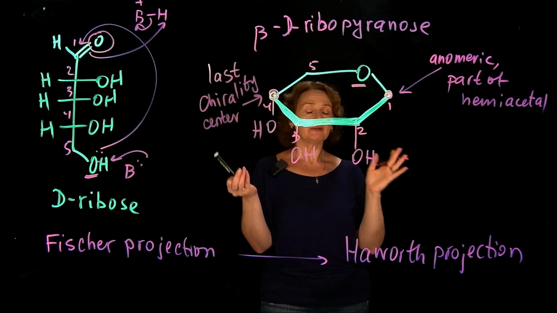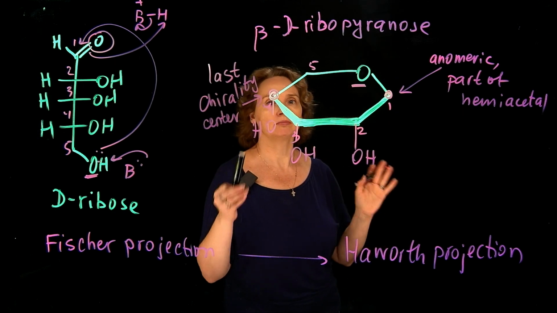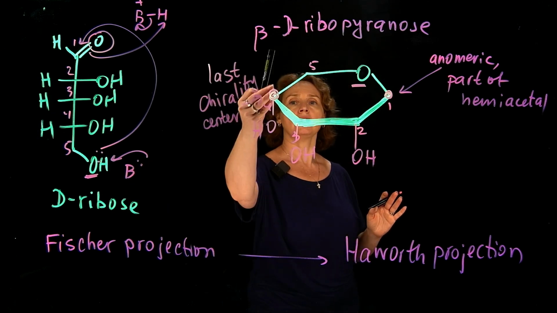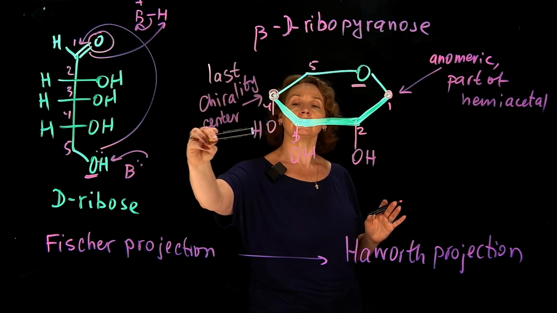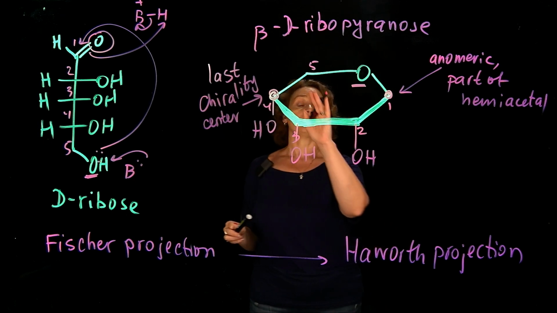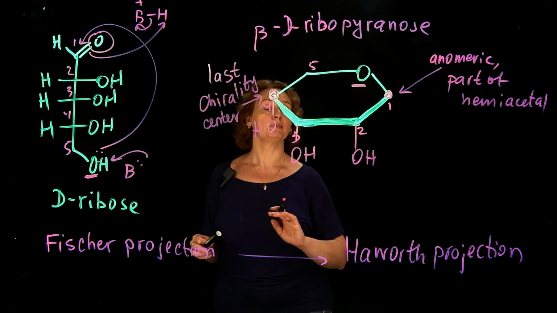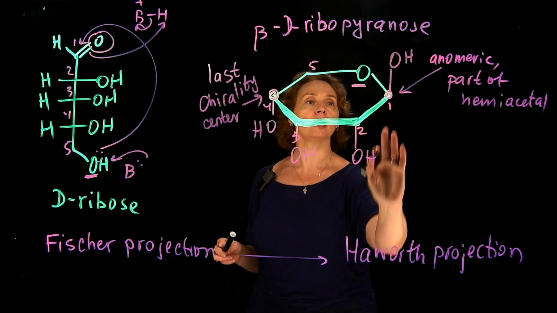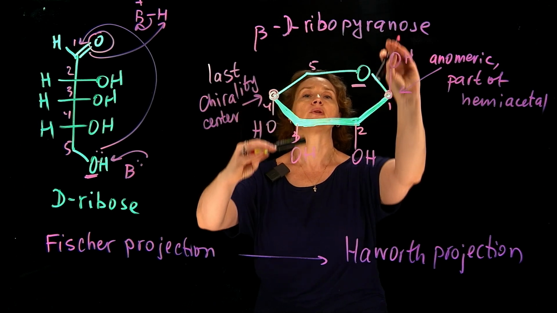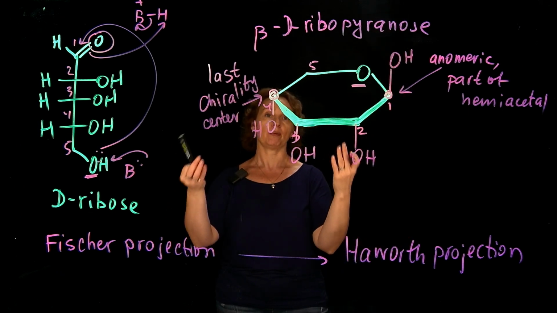And so that makes our life even easier than usual, right? So we see that OH group at carbon number 4 at the last chirality center is down. For us to make beta anomer, we need to show OH group at the anomeric carbon up, because those two carbons will need to have opposite absolute configurations.